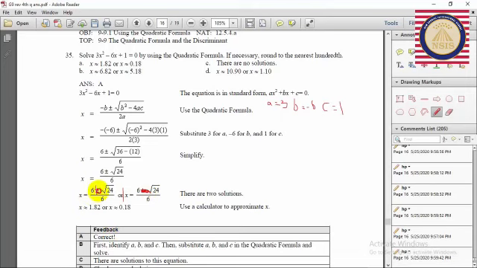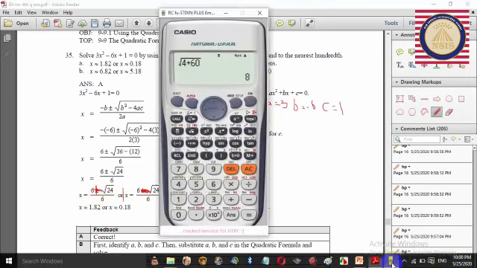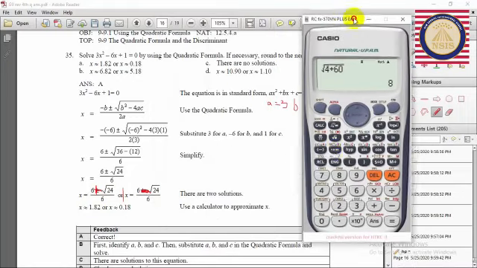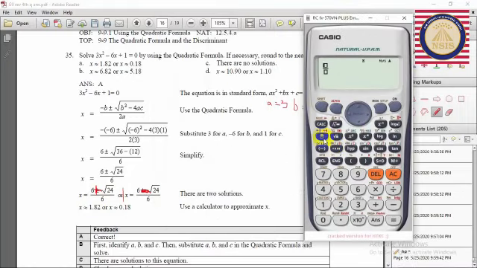Okay, this is plus and this was minus, and make it with calculator. How to do it with calculator? Here I'm going to put 6 plus square root 24 and divide by 6, so it's equal, and of course make it S to D. So this is the first one, approximate to the nearest hundredth, 1.82.